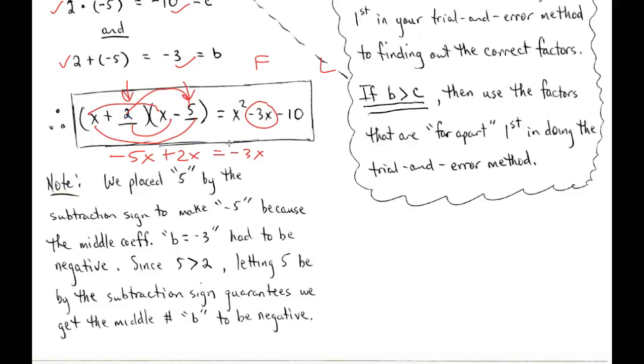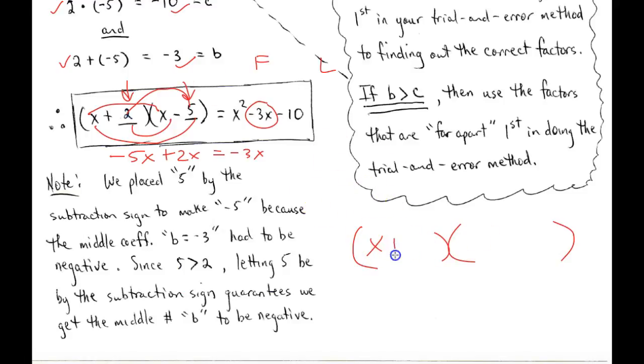Now, the note that I have here is if we place the 5 next to the subtraction sign, to make it -5, because the coefficient is a -3 here, it had to be negative. Basically what I'm trying to say is this. I have this note here, but what I really want to talk about is the following. Let's say we switch these.